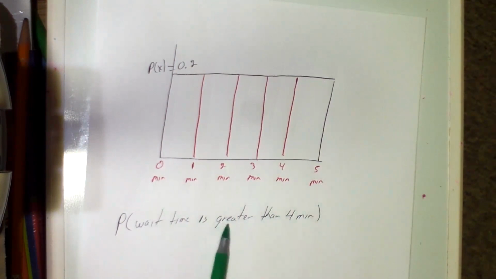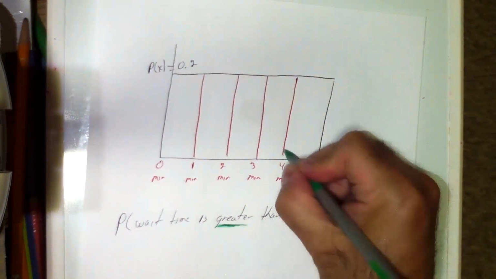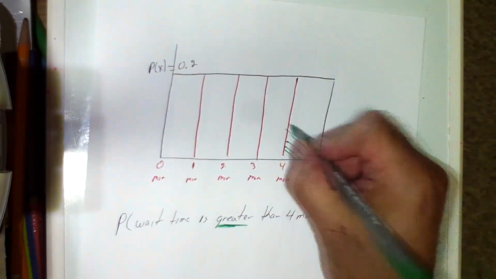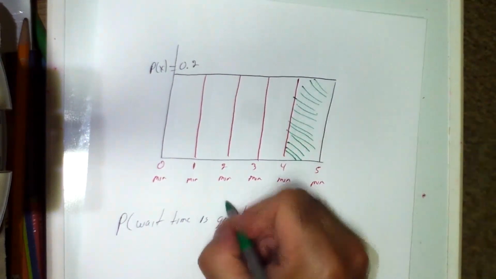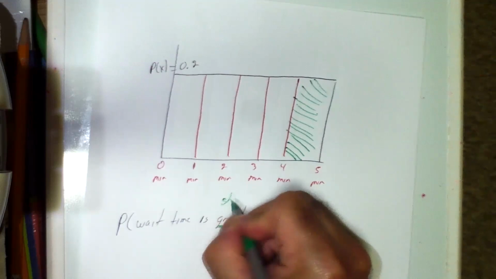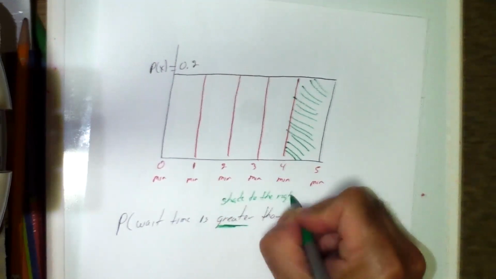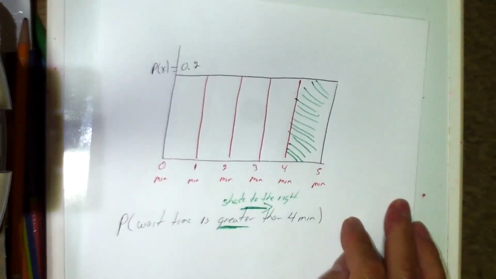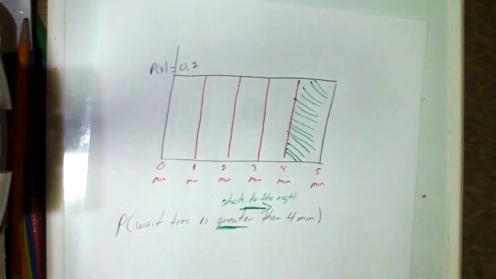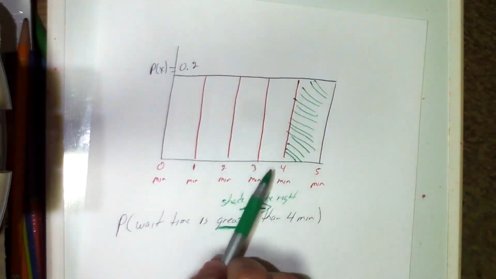It's greater than. That's right. I need to shade to the right of number 4. So you're shading to the right. Shade right. So less than, shade left, greater than, shade right.